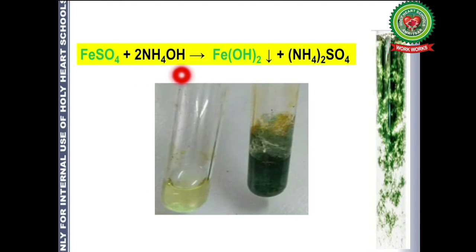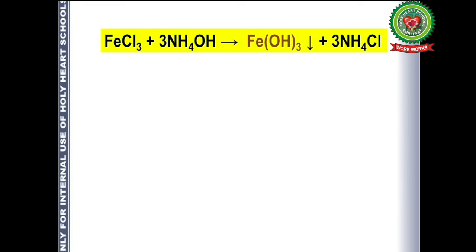When we add ammonium hydroxide to it, the color becomes dirty green. The precipitate, that is ferrous hydroxide, is dirty green in color. If we add excess of ammonium hydroxide, we find that the precipitate of ferrous hydroxide is insoluble.